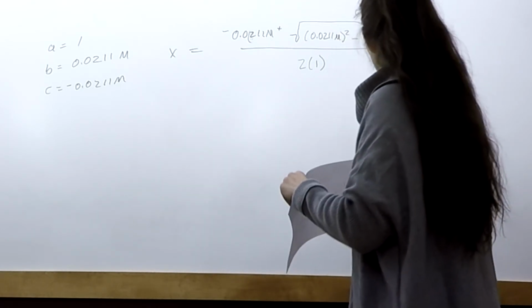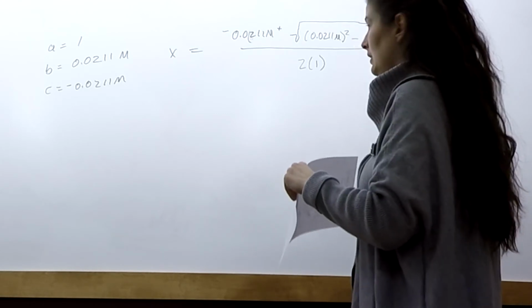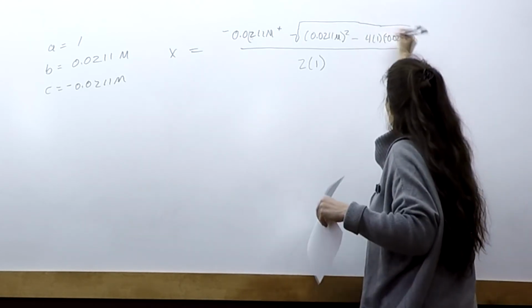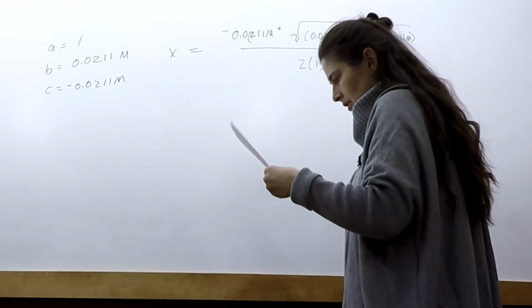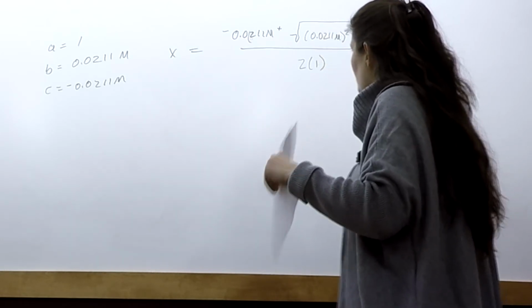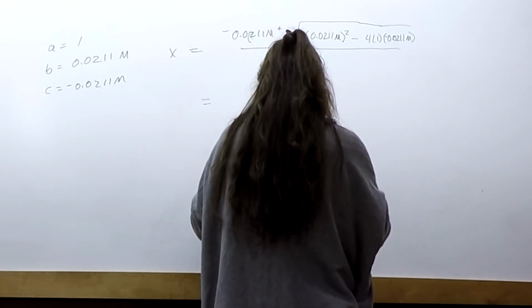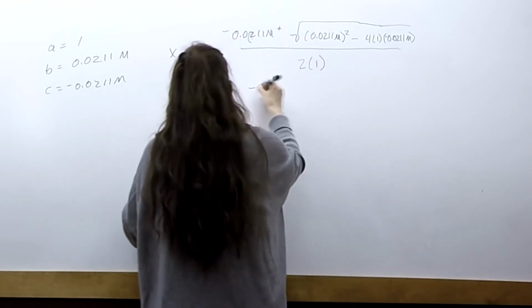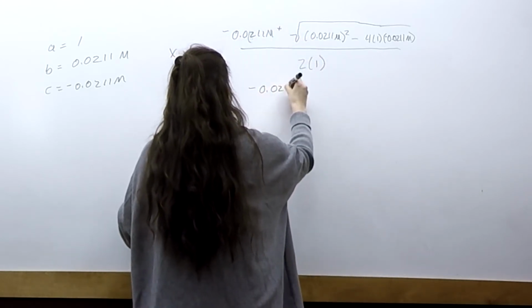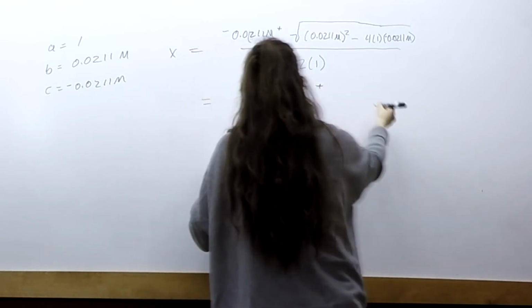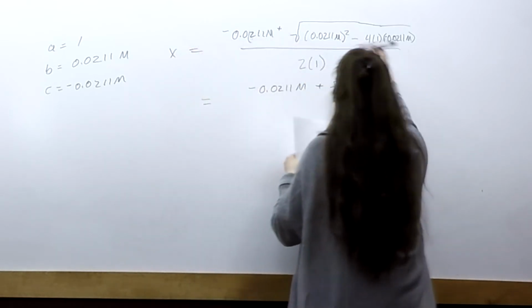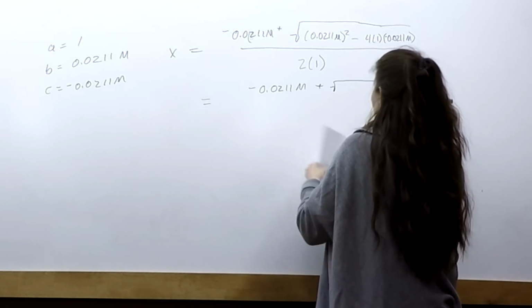Squared, 4ac, negative. Alright, so we just start to solve for this guy here. Multiply this all out and add it together.